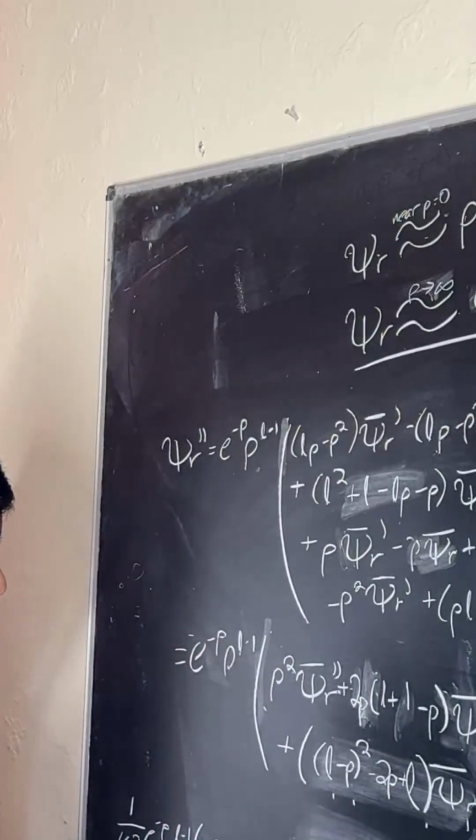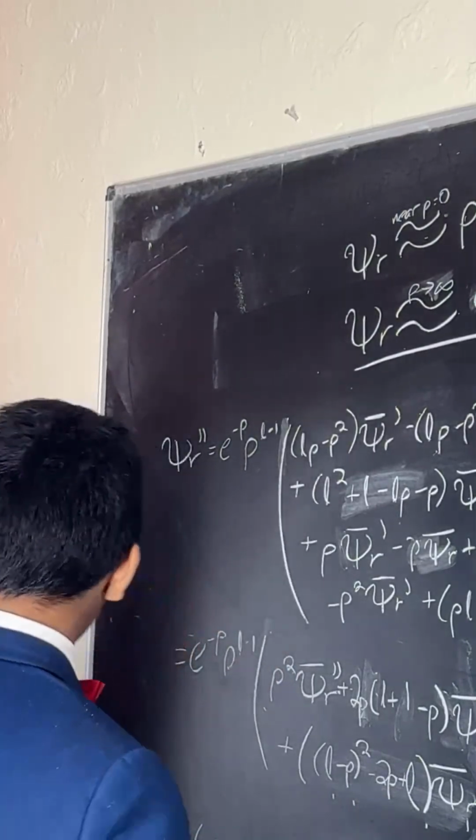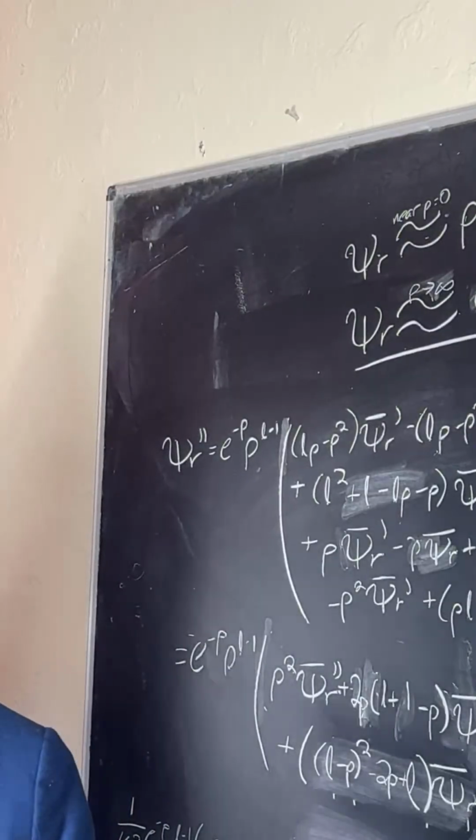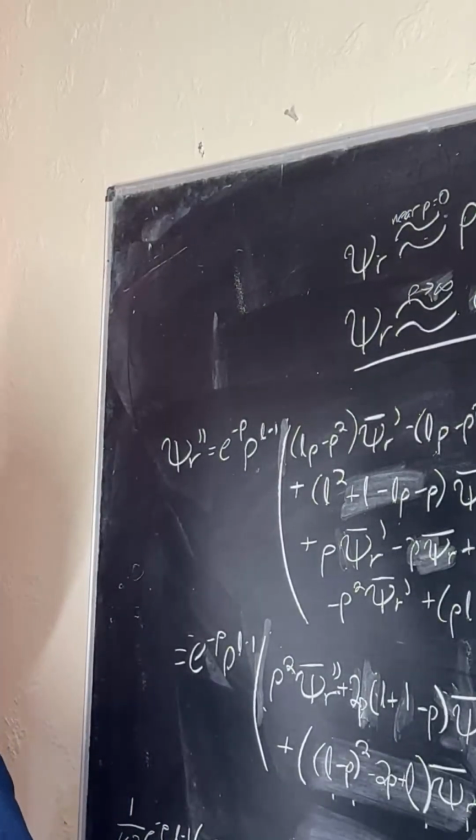Psi r overline. And this all has to be set equal to psi r multiplied by all of the other horrendous things.